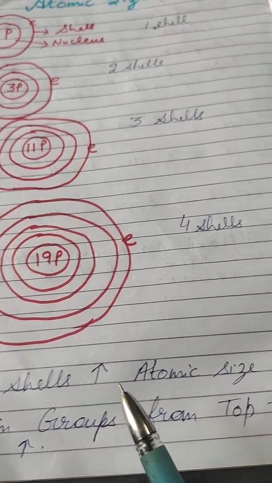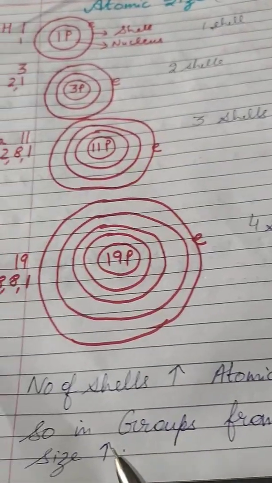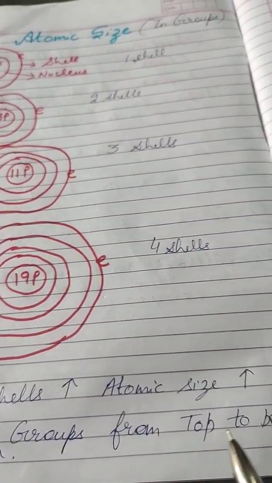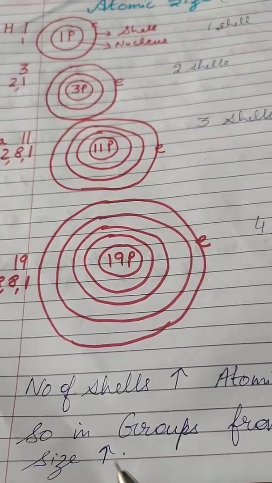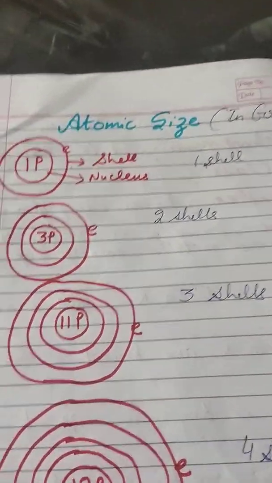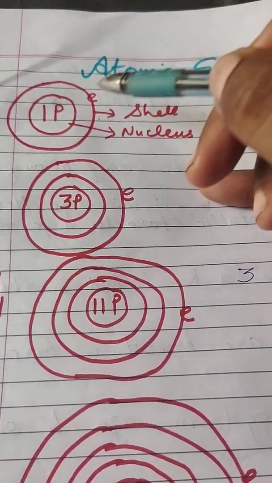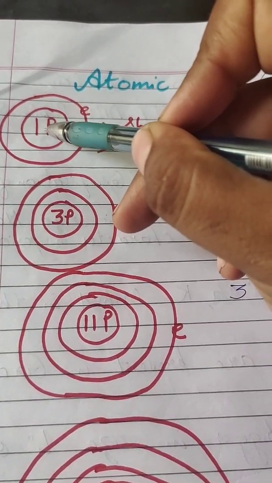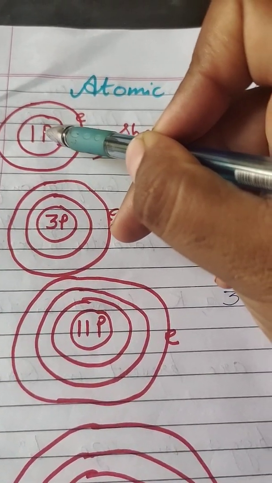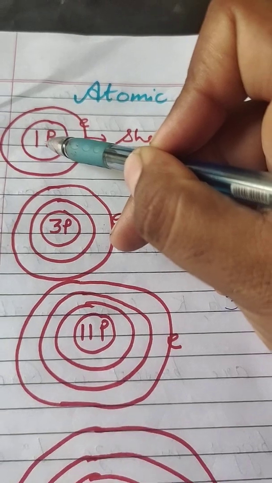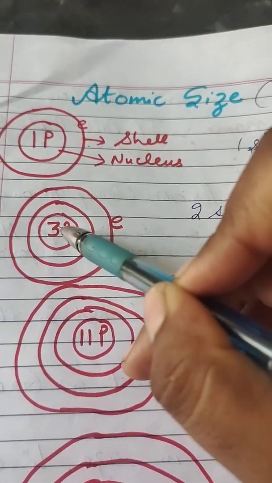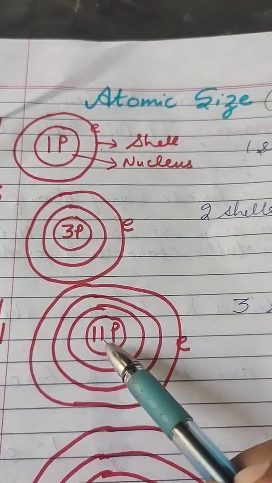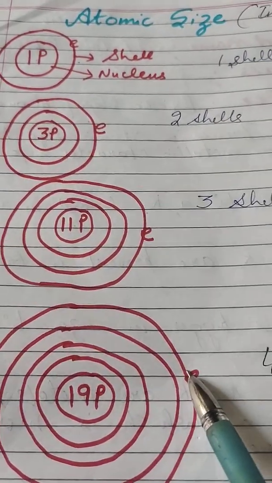Number of shells increases, atomic size increases. So in groups, from top to bottom, size increases. If you want to measure, you can measure the distance here from the nucleus. So the distance from the nucleus to the outermost shell keeps increasing. Yes or no?